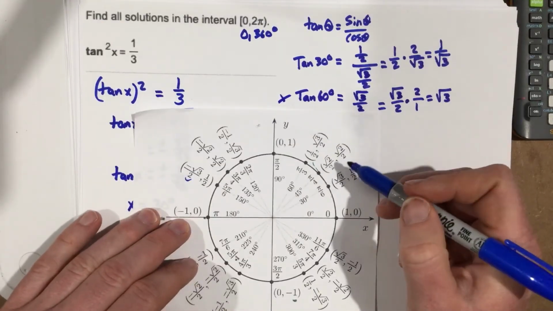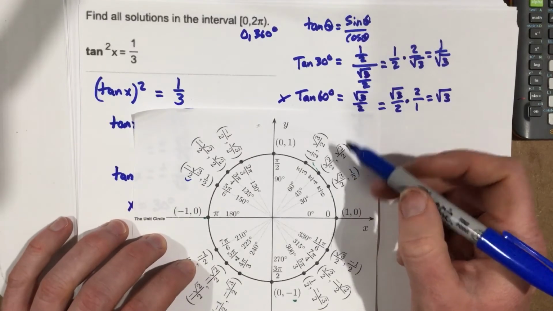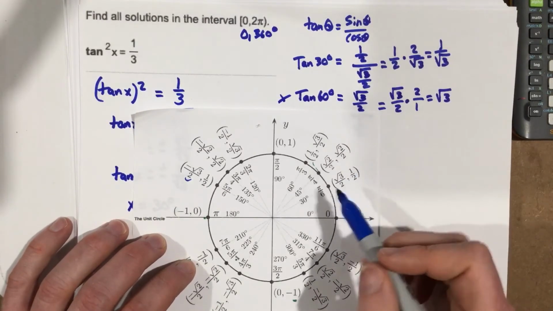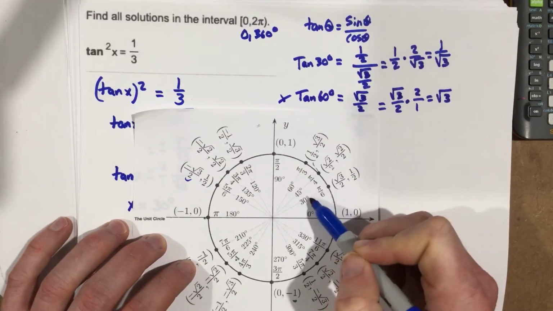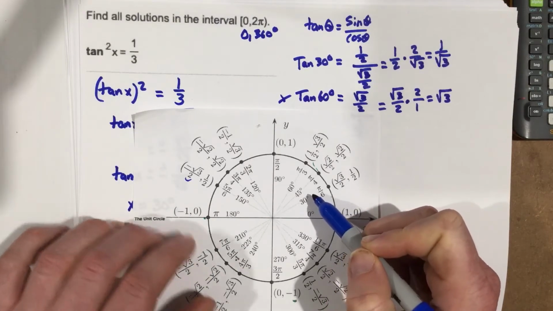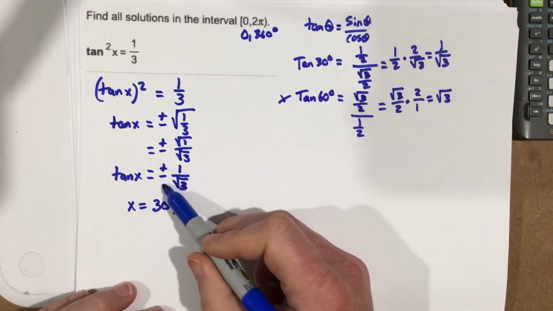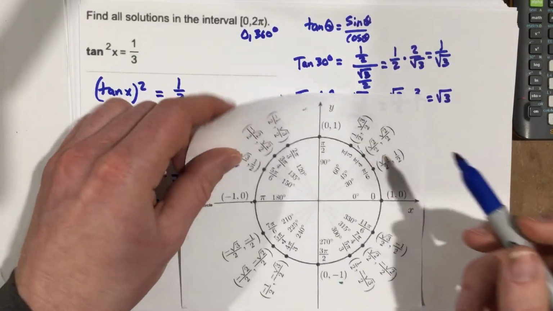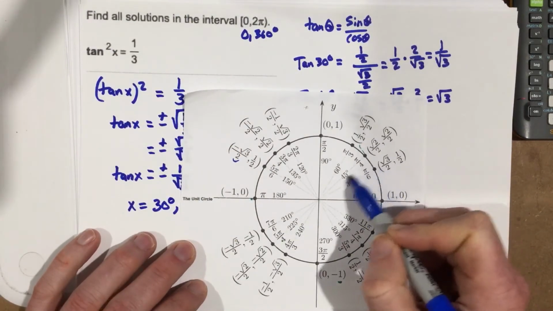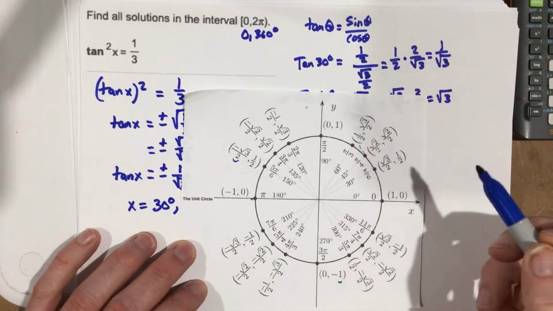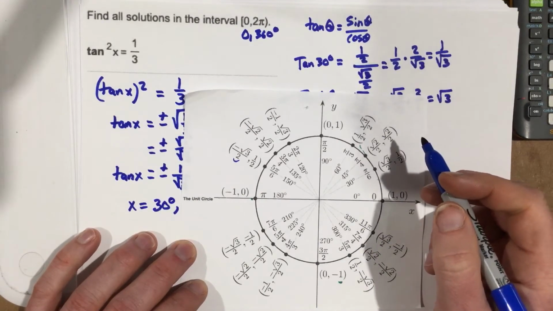So we can make this pretty easy after this. I know then if my 30-degree angle works, and I can either have this be positive or negative, then that means any corresponding angle that is 30 degrees off of the x-axis is going to work as well.